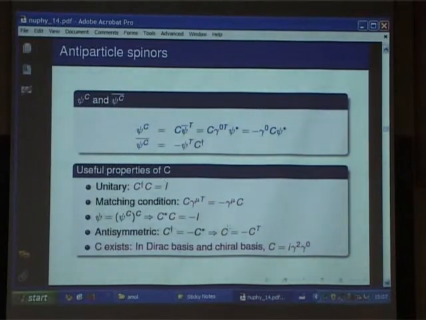Then I have this antisymmetric. So I haven't done the counting yet. We will try to find out if there is something identical. I suspect that C should be fixed up to a phase. Of course, the phase is not fixed. If my C satisfies this, I can just multiply by e to the power i alpha, which satisfies everything. That is not fixed. So this is the proper definition.